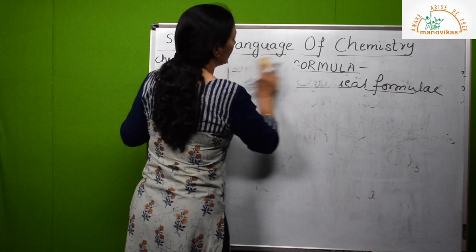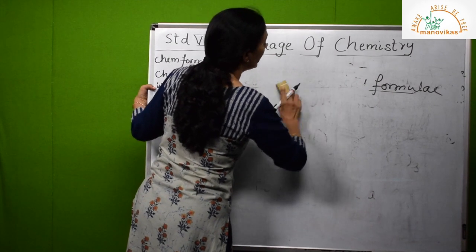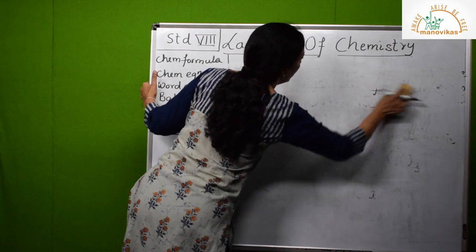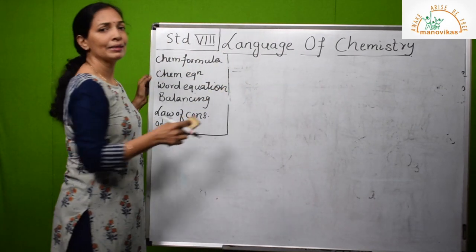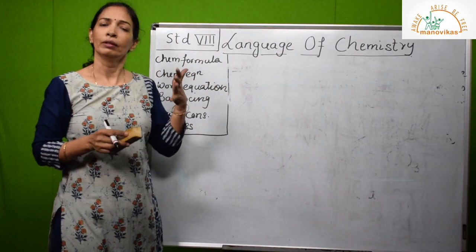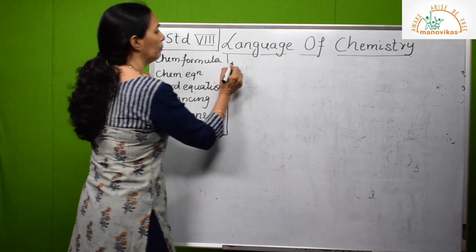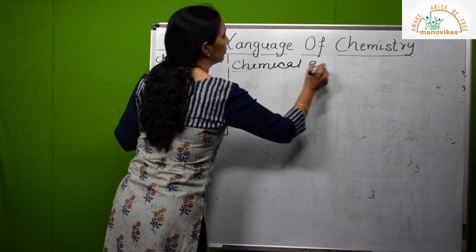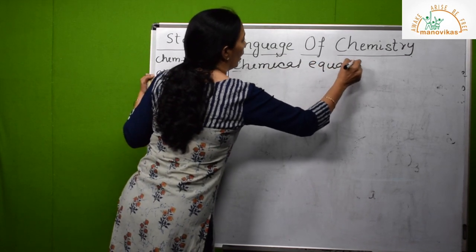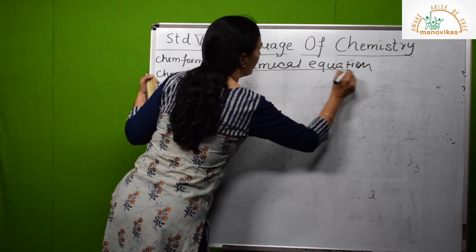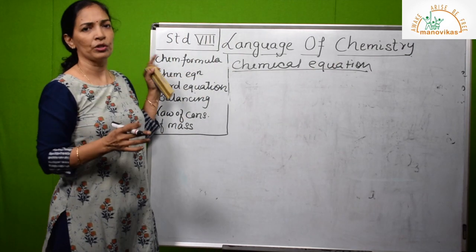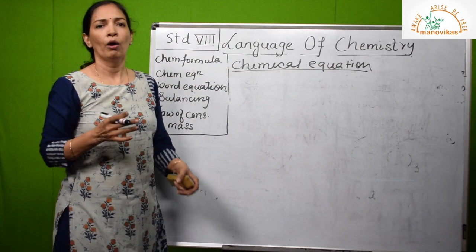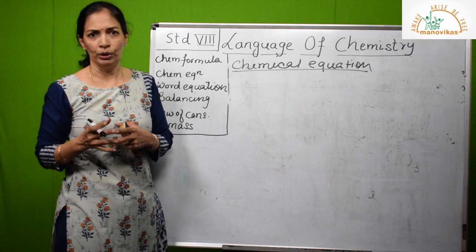After writing chemical formulae, you can write a chemical equation using symbols and formulae of the substances. So what is a chemical equation? A chemical equation represents a chemical reaction with the help of symbols and formulae. Okay.